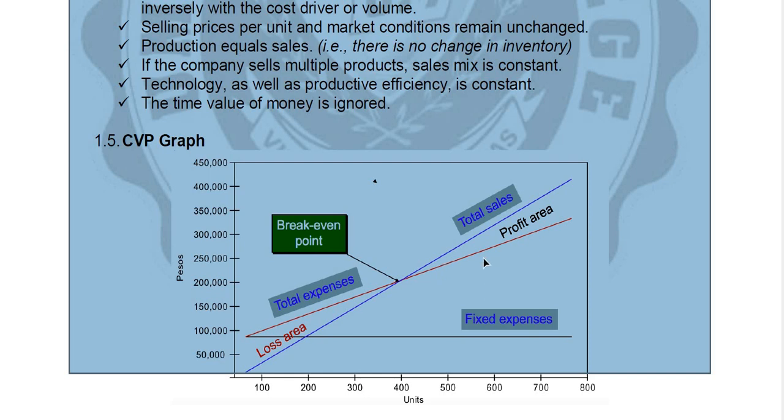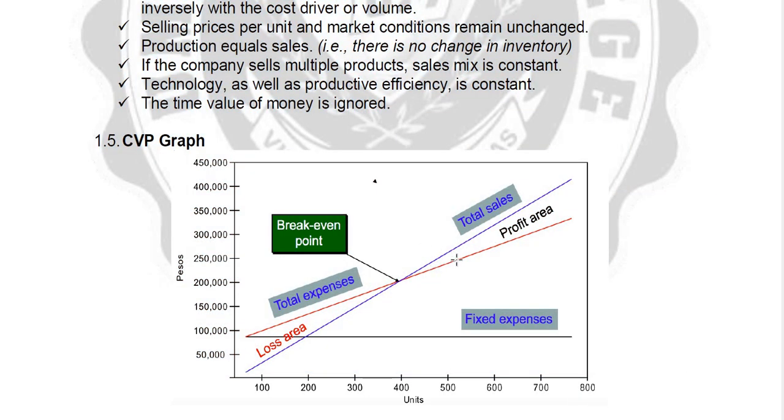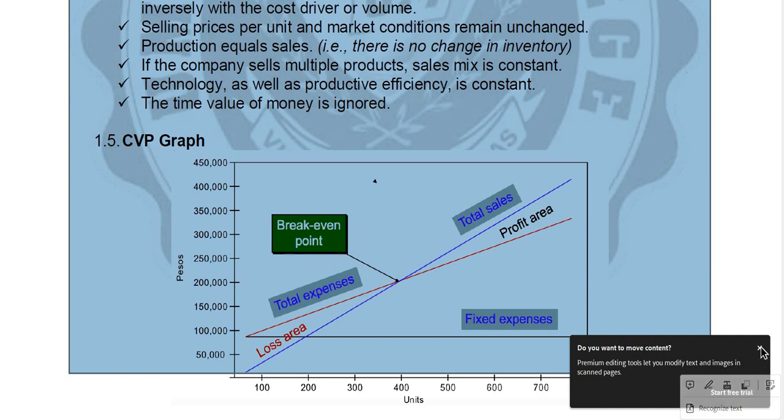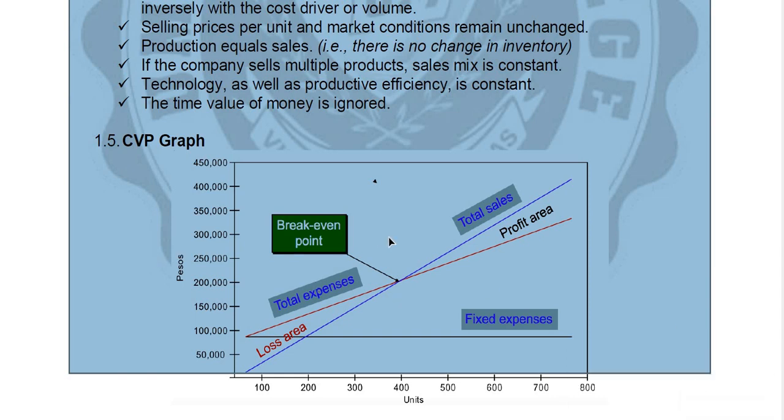Okay? This area here is your profit area. So, for the profit area, it's the same. Say, you sell 600 units, which is almost 300,000 in sales. If that is your sales, then you would expect that you will be reporting a profit for the company.